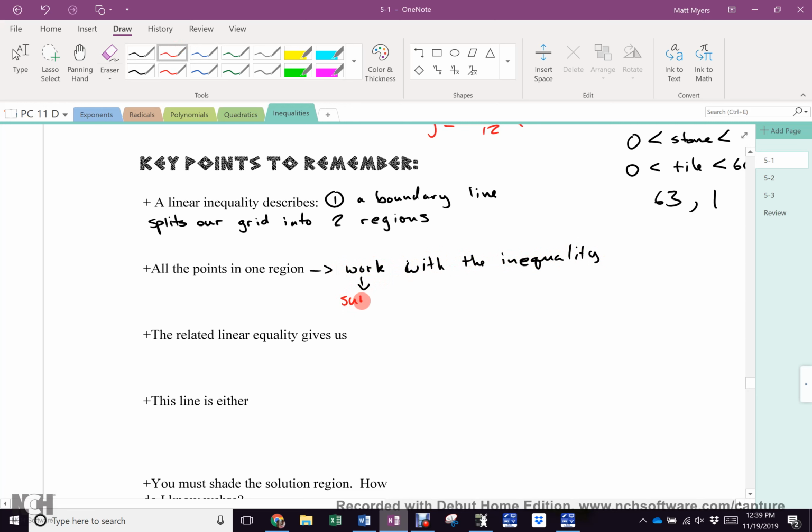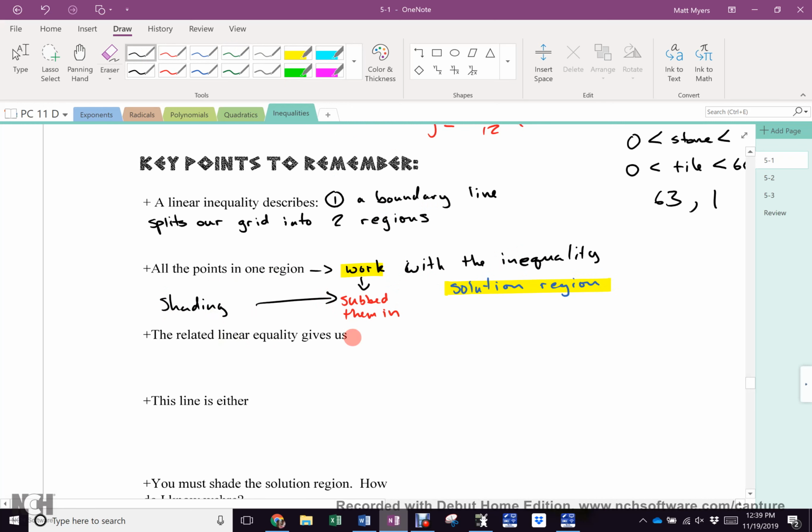We've subbed them in, right? All points in one region work with the inequality. So that is our solution region. All the points that work. Why is that important? We use that for our shading.